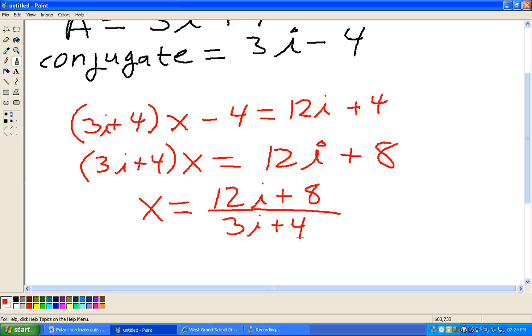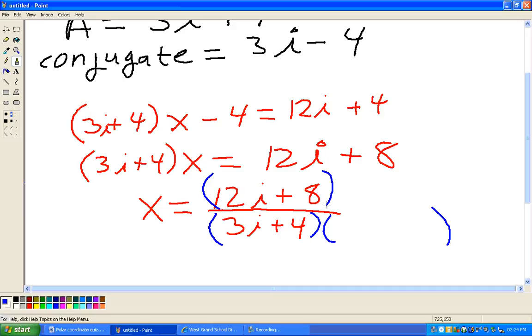At this point, you realize that these don't just wipe each other out because we've got to do all of that stuff in between, but you're not supposed to leave an i on the bottom. So we use something that comes almost out of thin air, which is called the conjugate.